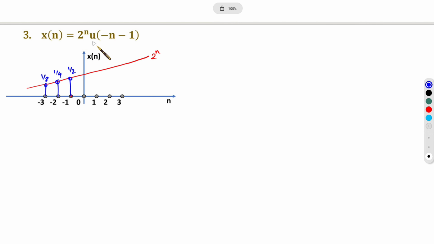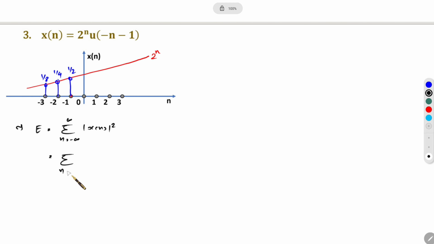Now the question is to calculate that energy, right? So the equation is energy equals summation, where small n ranges from minus infinity to plus infinity, x of n square. If you carefully observe, we have u of minus n minus 1, which ranges from minus 1 to minus infinity.